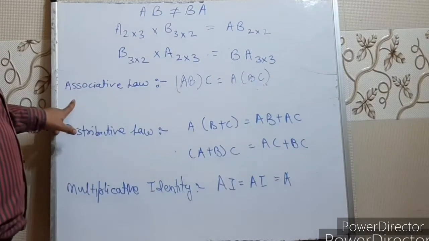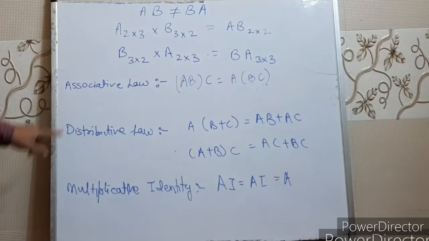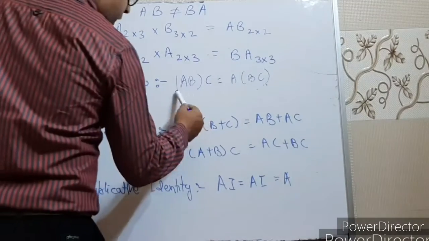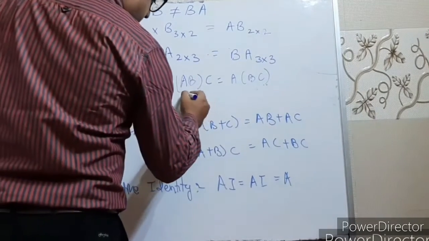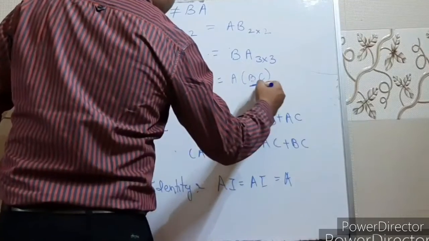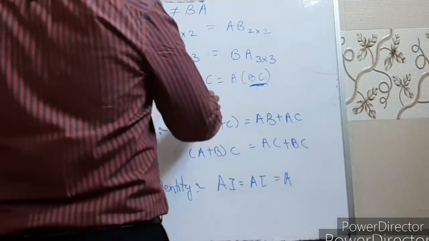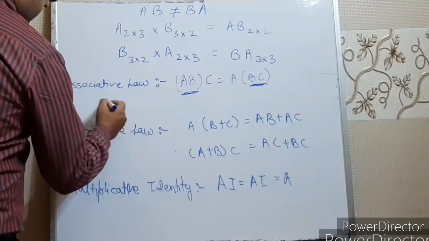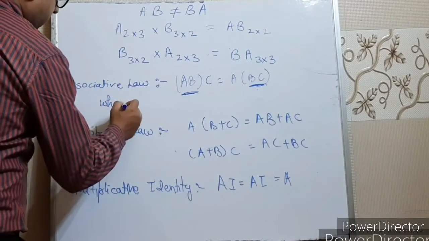Okay. Next property is the associative law. That means the multiplication of AB matrix into C equals A into BC. Right? This, children, is only possible whenever the equality is defined on both sides. That means AB is possible, BC is possible, and the product of these two matrices is also defined.